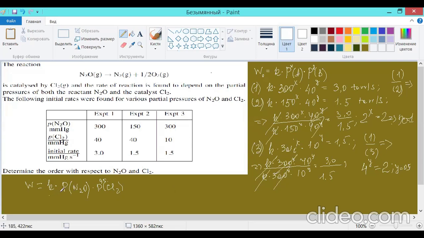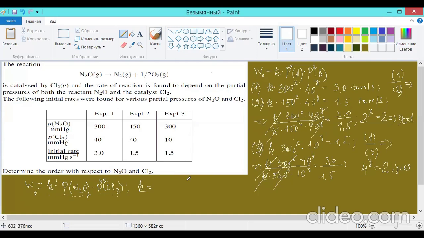It's not asked in this assignment, but anyway, we can do that. k is equal to the initial rate divided by these two terms raised to the corresponding degrees.